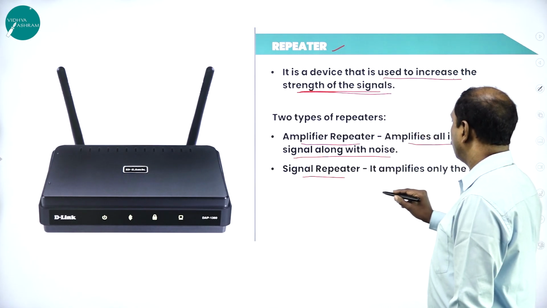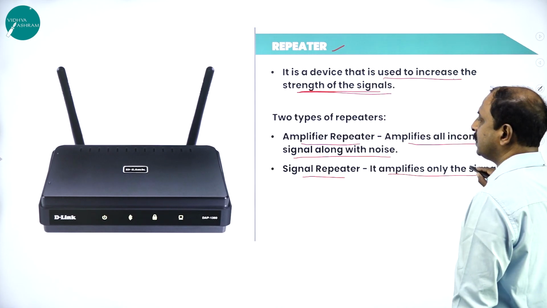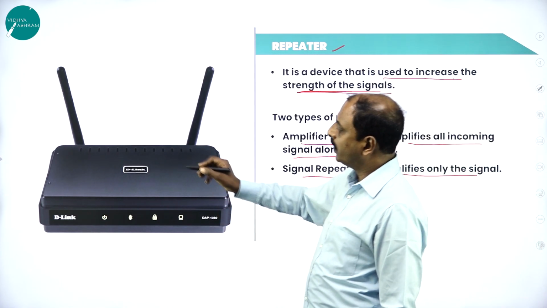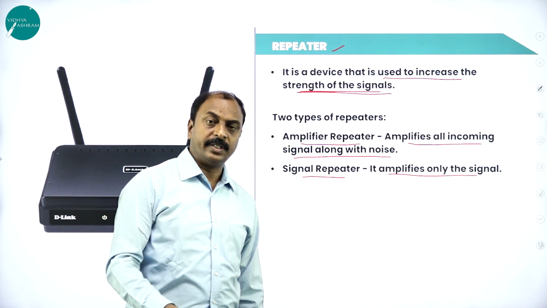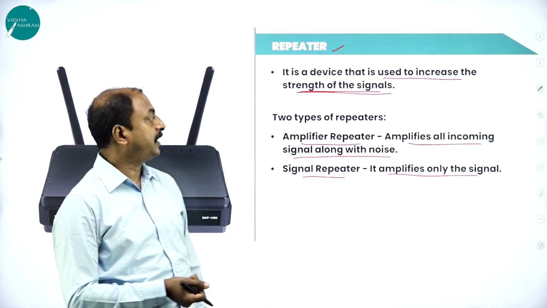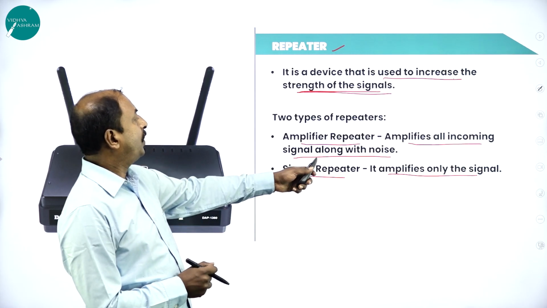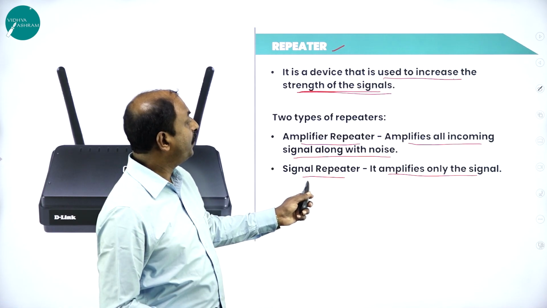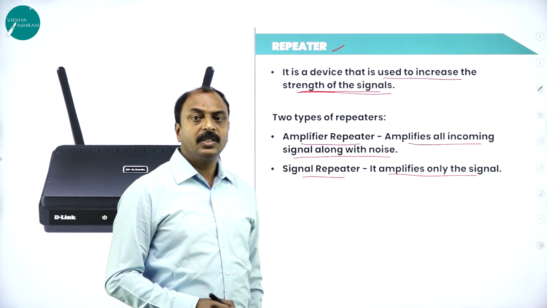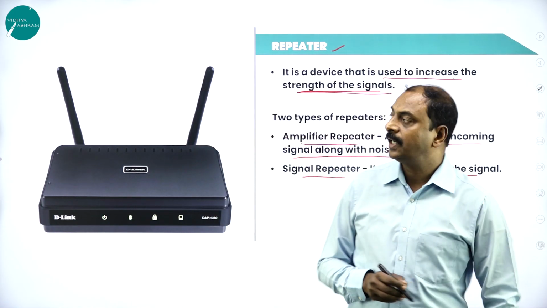The other is the signal repeater, which amplifies only the signal. So the function of a repeater is to amplify or boost the signal, or to increase the strength of the signal. So this is a network device, a repeater.